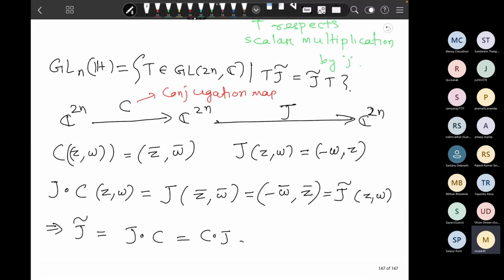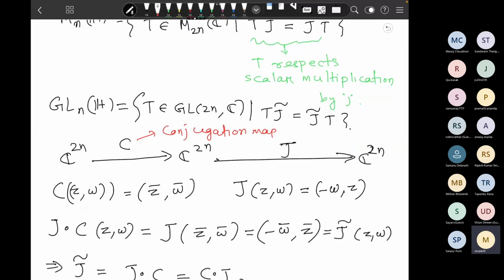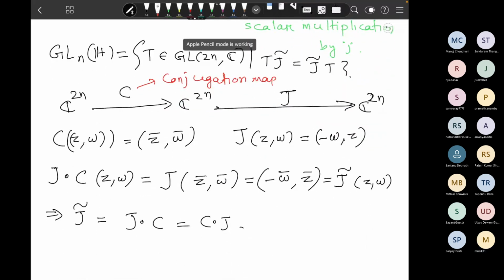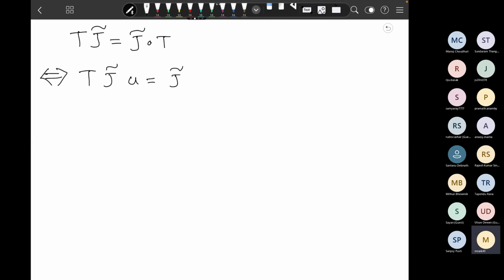Okay, so now we will understand the meaning of T J tilde equal to J tilde T in terms of this standard complex structure J. T J tilde is equal to J tilde T if and only if T J tilde u is equal to J tilde T u, where u belongs to C2n, because J tilde is a map from C2n to C2n and T is a map from C2n to C2n.